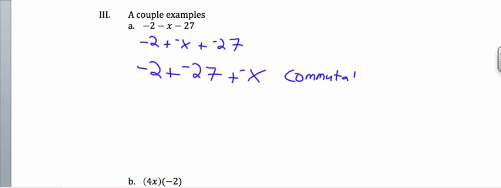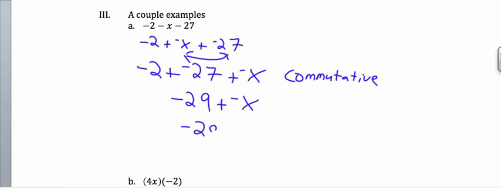I guess you can make an argument that it was that, but we'll say it's the commutative property because we flipped the order of this addition. Now, order of operations says we do these two first, we put them together, and then we change back to subtraction.